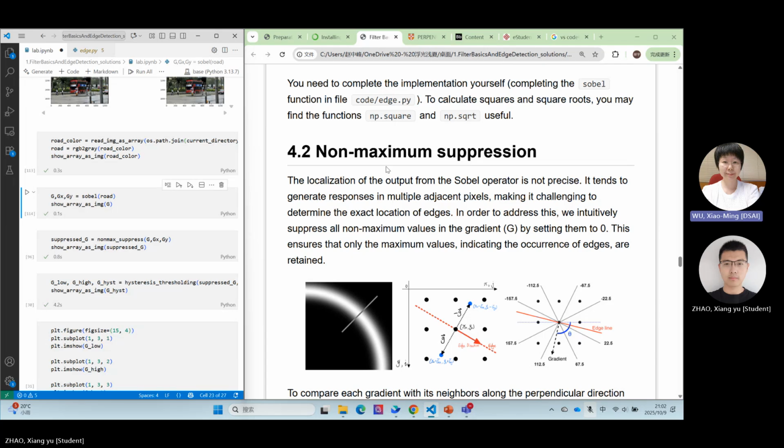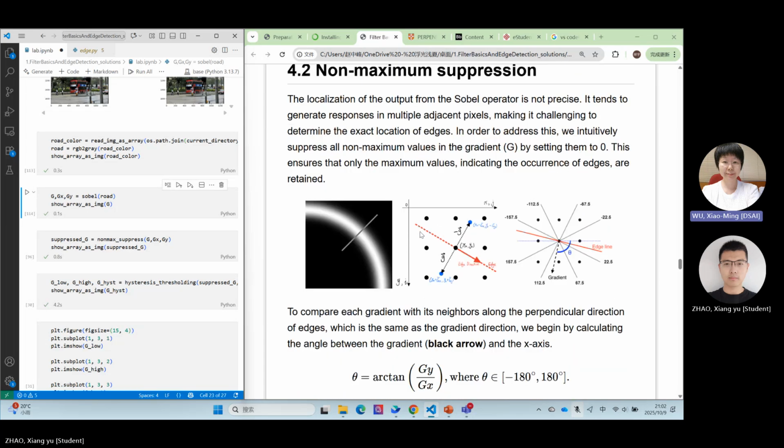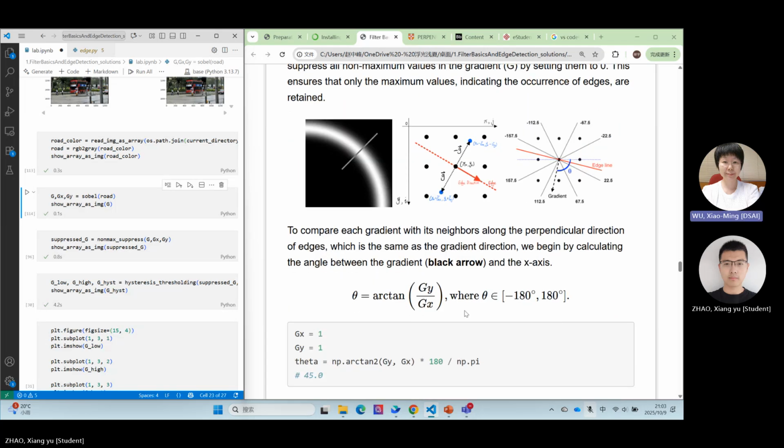In order to address this, we use the non-maximum suppression operation. As you have learned in this class, we compare its gradient with its neighbors along the perpendicular direction of edges, which is the same as the gradient direction. We begin by calculating the angle of the gradient using this equation.